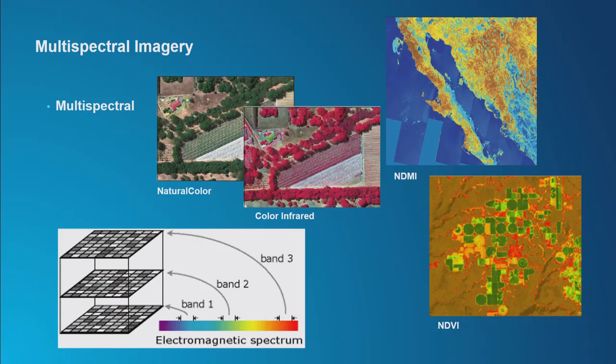Or, for example, calculate NDVI, the normalized difference vegetation index, from this multi-band image, from this multispectral image, where we basically subtract the red from the near-infrared, divided by the sum of the two, and this way create an index of greenness of the vegetation.